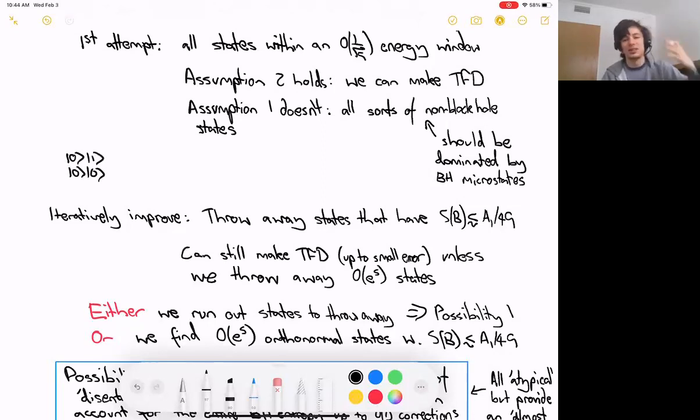You throw away that, you look at the orthogonal complement of that. You're going to end up just throwing away states until you have no states left at all, and always have states in there that have 0 entanglement entropy, right? And you'll just end up with a basis of states that is a product basis. So you'd have just found a set of states, all of which have 0 output entropy. And that's okay. So that's one possibility for what happens in the black hole case too. And that's basically going to be our possibility too.